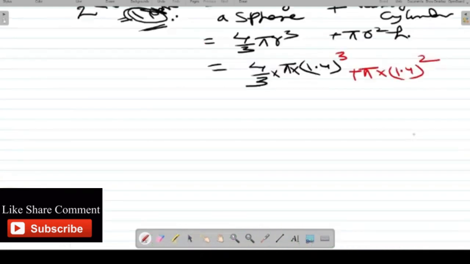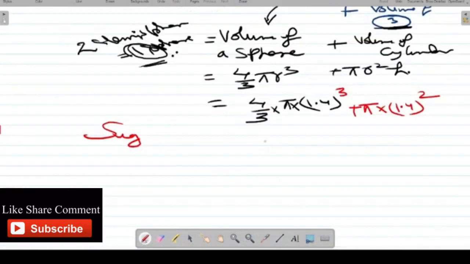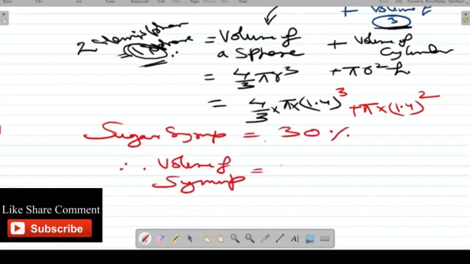So this is fine. Now we have to calculate the volume of 45 such Gulab Jamuns, where the sugar content is 30%. Let us write the sugar content: sugar syrup equals 30%. Let us say the volume value we calculated is x. We have to calculate the content of sugar syrup for 45 such Gulab Jamuns.